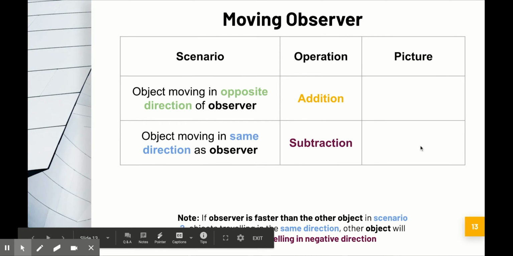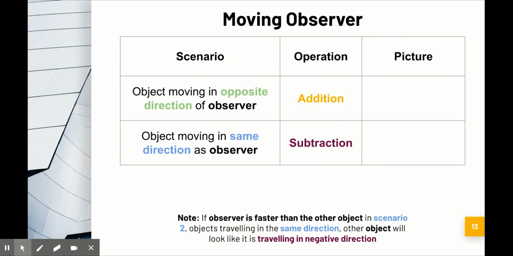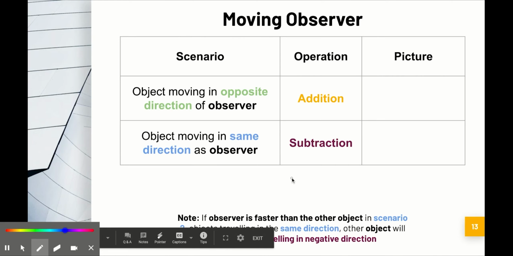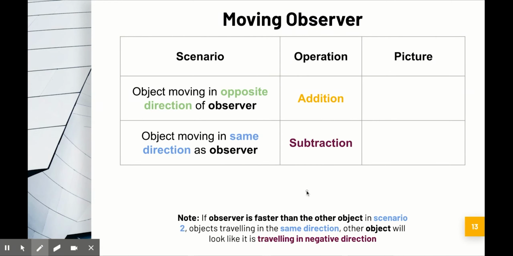Basically what it's saying is in scenario 2, where the objects are moving in the same direction as the observer, think of it as passing another vehicle. If you were to look in your rear view mirror and you're still going at a higher speed than that person, it will slowly look like that car is traveling backwards compared to you. And what it will look like is it is traveling in a negative direction.